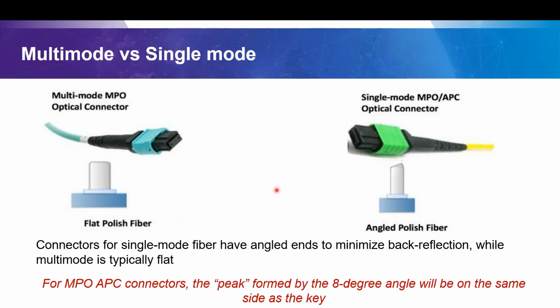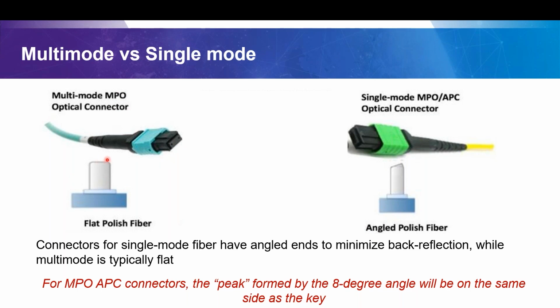So in a data center world, or in just an Ethernet or data world, we want to minimize that reflection coming back at any of the transmitters or any of the test equipment that we're using. And this is what's used. It's an APC connector, or angled polished connector, and multi-mode is just a flat connector.